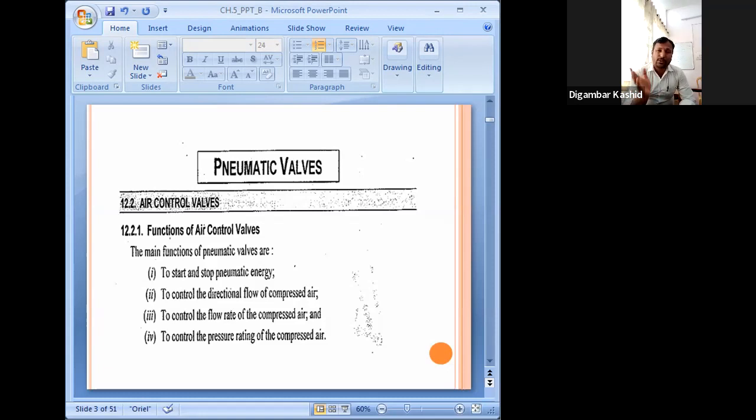Whatever we have seen for the hydraulic system, similar types we are going to discuss here. So please remember, control valves are used to control the direction, to regulate the flow rate, and to control the pressure rating. Getting it?